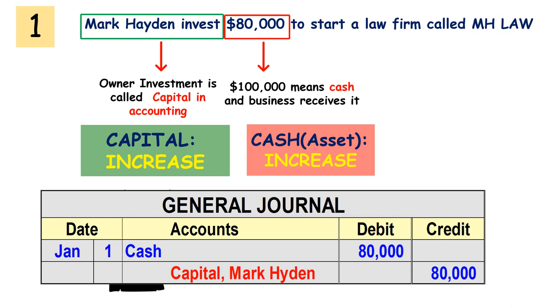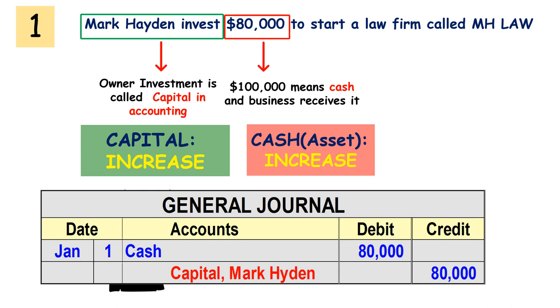So the journal will look like this, starting with the date, and the first line will be for the debit. Since cash increased, we are going to put cash here. Remember, cash is an asset, so we are not going to put the name asset here. We will use specific names of accounts. So cash will be debited $80,000 in the debit column.